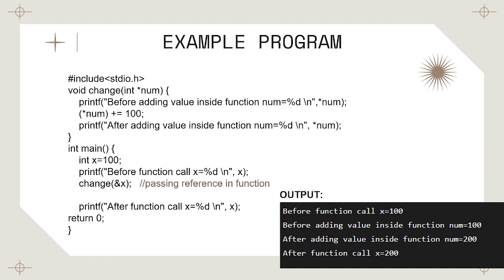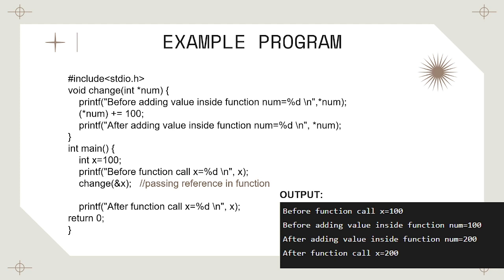Now coming to an example, the same example as we have seen in the call by value. Here instead of passing 100, the value which is present in x, we are passing the address of that particular variable. Before calling the function, we print the value of x, so x is 100.